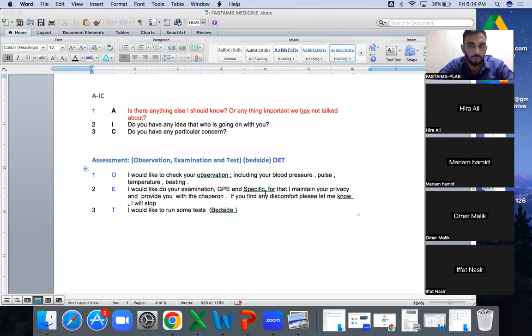For example, in an ENT case where the patient has a hearing problem, you will say, I would like to do a general physical examination of your ear. I would like to do your rectal examination, for example, if it is the case. So always mention the specific examination.